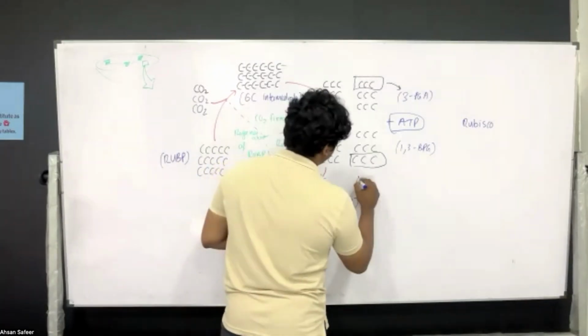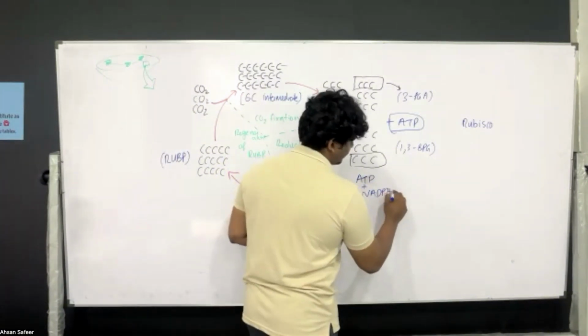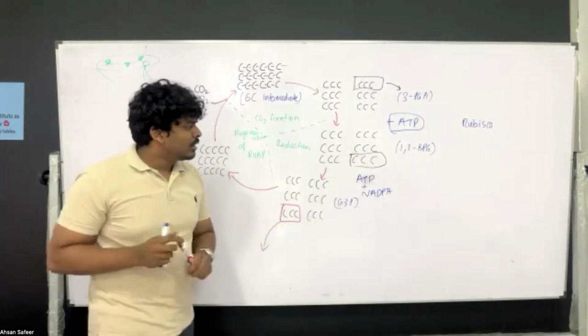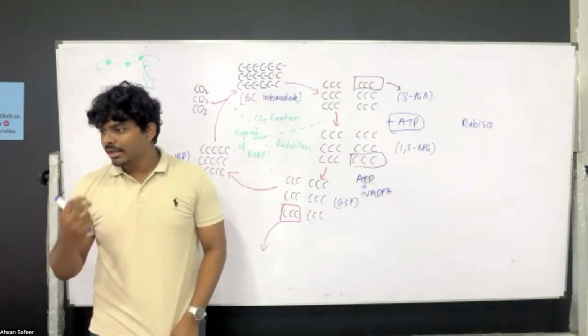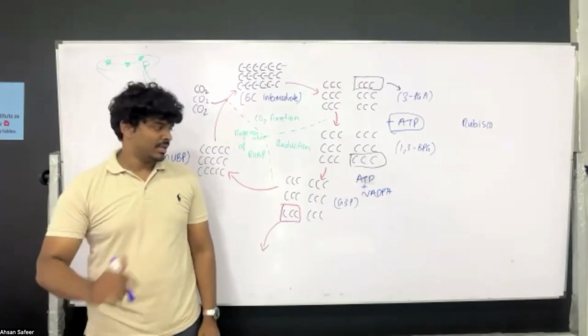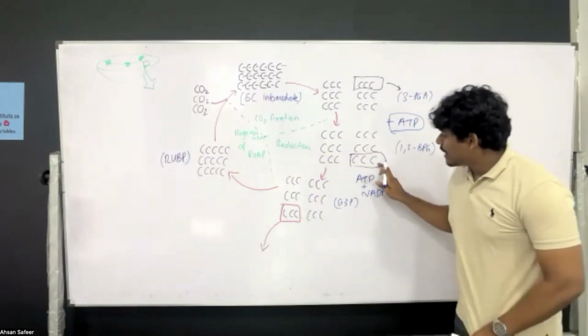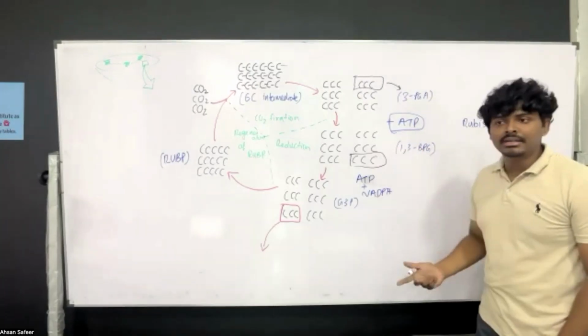Yeah, right. So reduction means what? That compound is gaining electrons. So this specific compound, 1,3-bisphosphoglycerate, is gaining hydrogen.